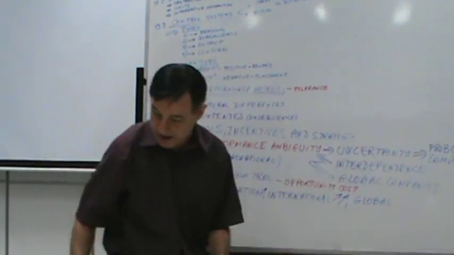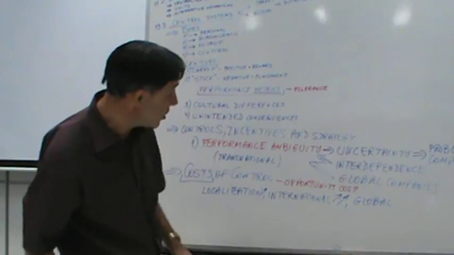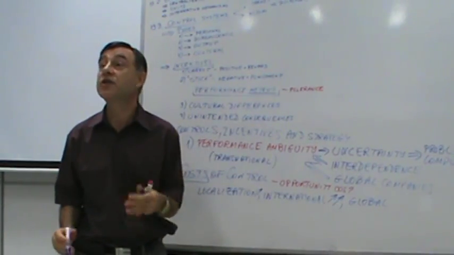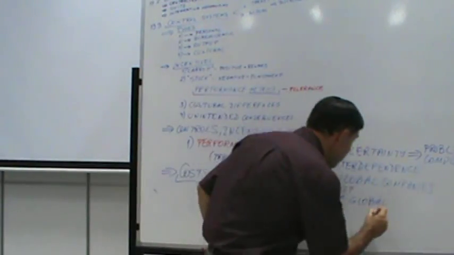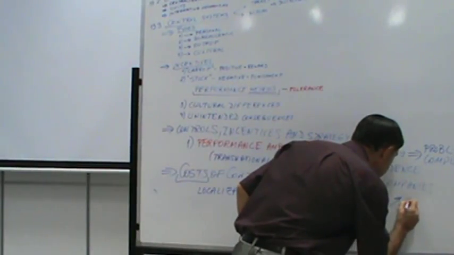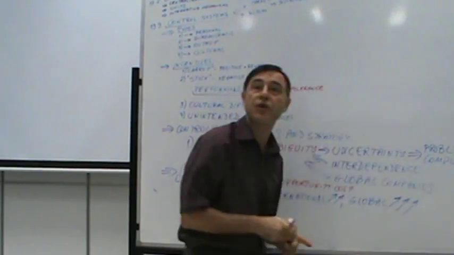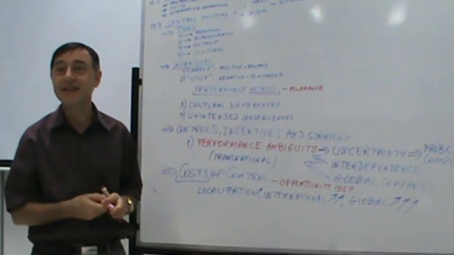let's make sure that I get this right. Global strategy, your costs of control are high. And I'll designate it with three arrows, right?